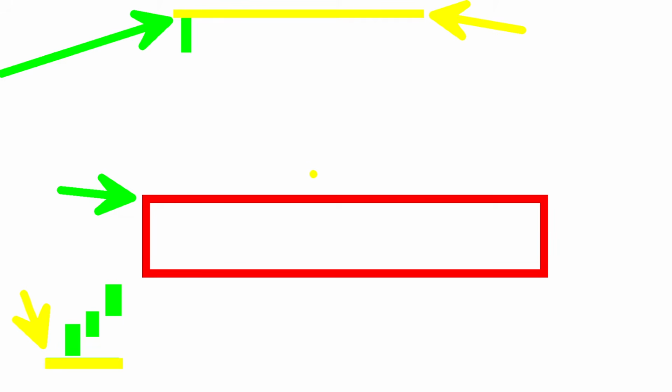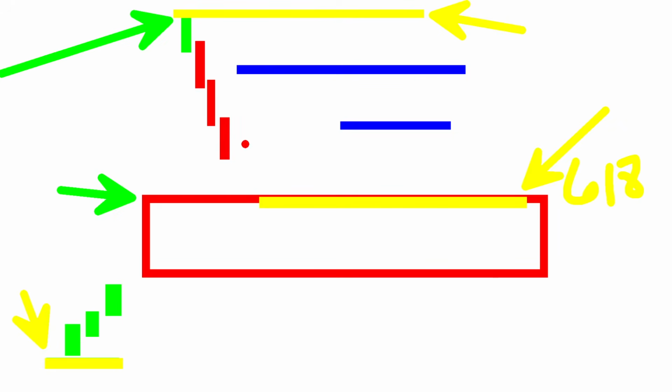So let's say that the 23 and the 38 are here, and let's say the 618 happens to be right here. The 618 is the golden Fibonacci, and therefore I would feel better about trying to take my limit trade when price hits here, because we are looking for this reaction. Does everybody understand?